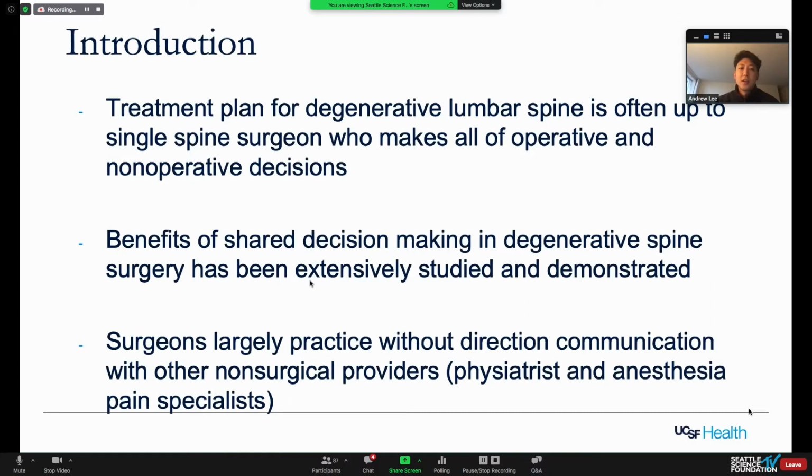And we know that the benefits of shared decision-making in degenerative spine surgery have been extensively studied and demonstrated. However, we do know that some surgeons, unfortunately, largely practice without direct communication with other non-surgical providers.